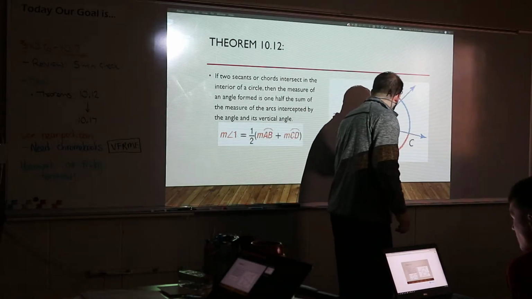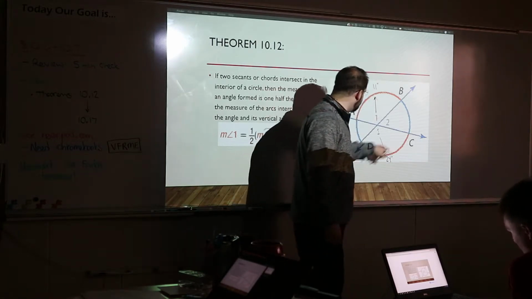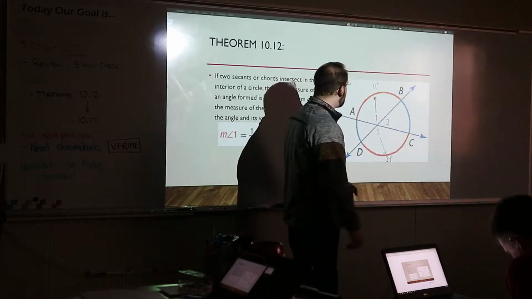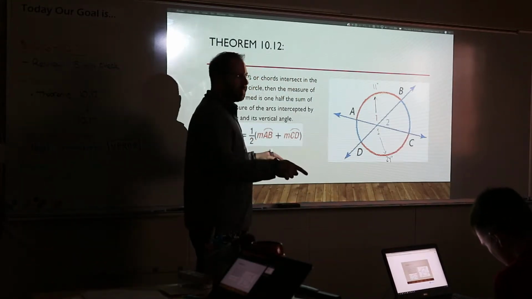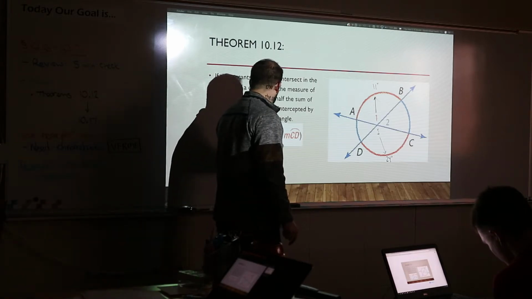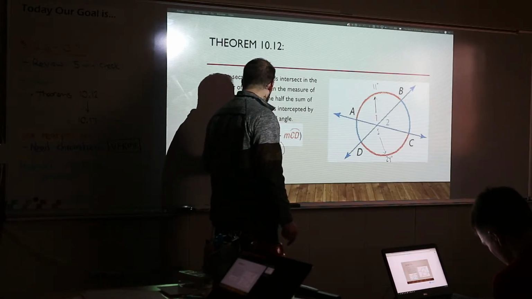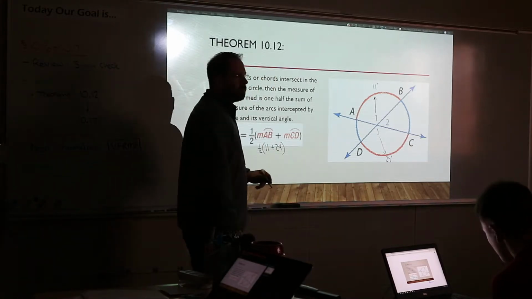Okay, 24. So these are my two arcs. Arc A to B is 11, and arc C to D is 24, so they're minor arcs. What this theorem says is that you add the two arcs together, 11 and 24, and then you cut that answer in half. That will give you angle number 1 in the middle of the picture.